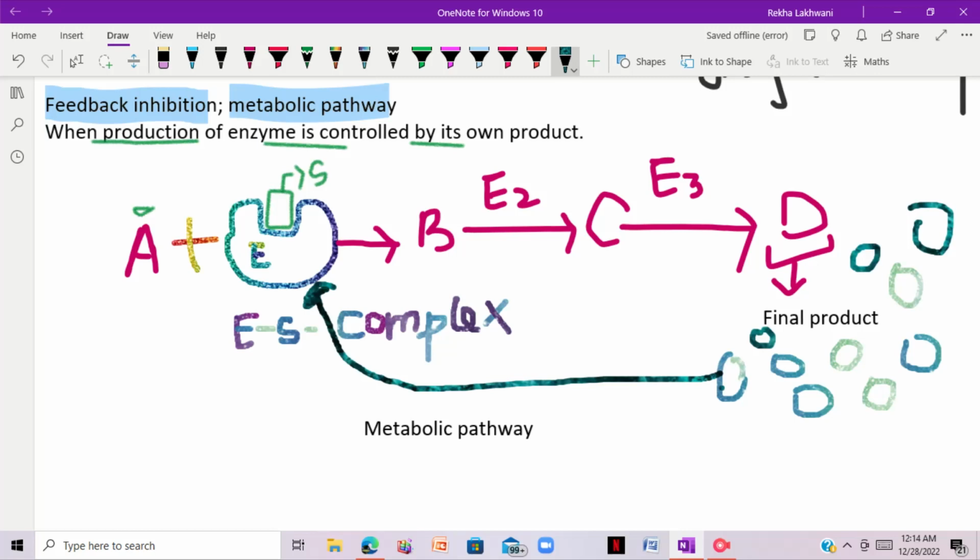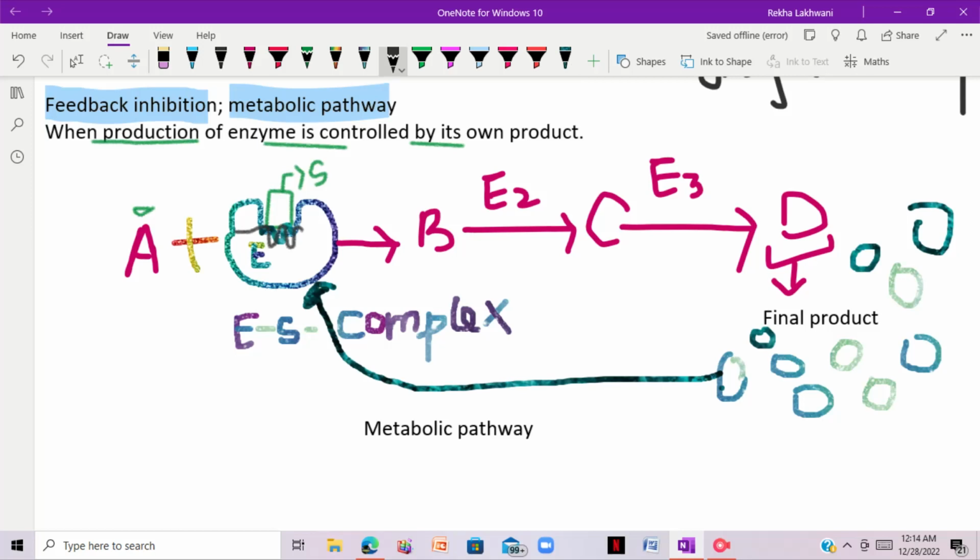So this product will now become an inhibitor, and it will join the first enzyme at the allosteric site and change the shape.